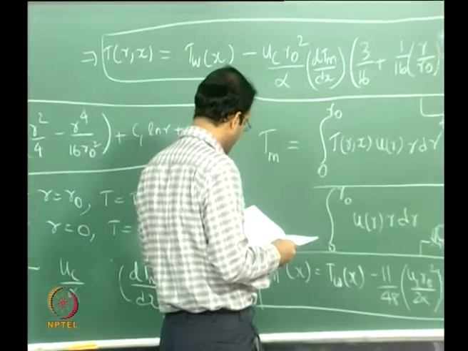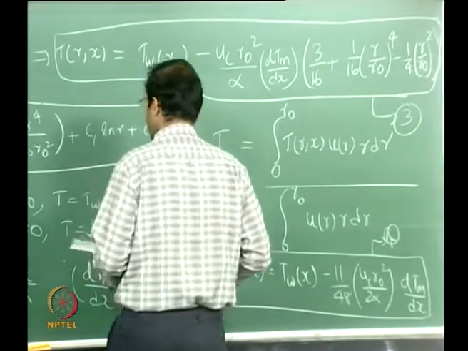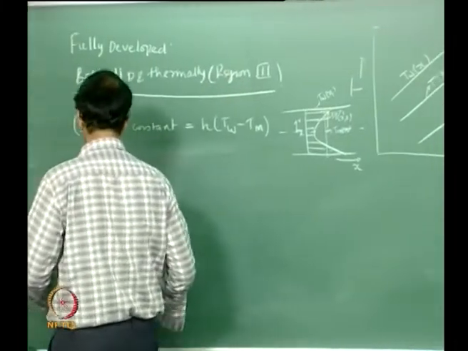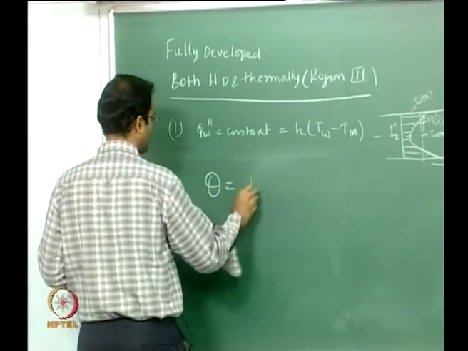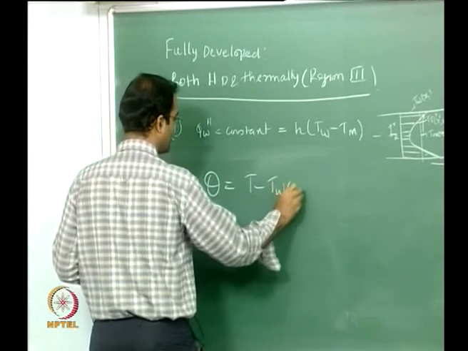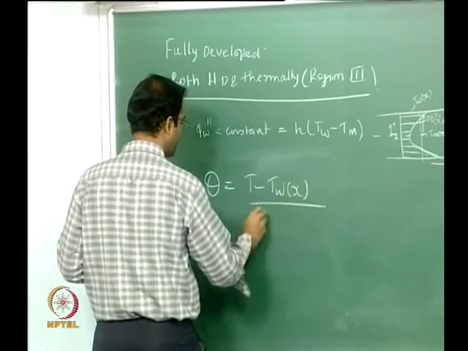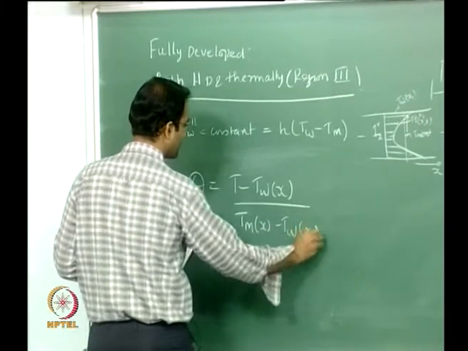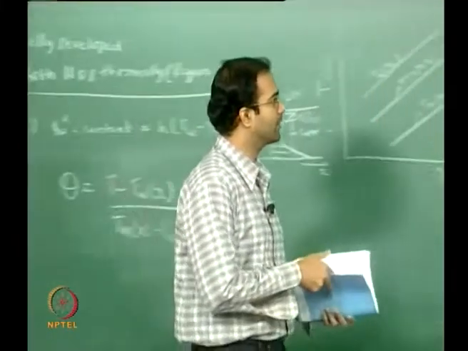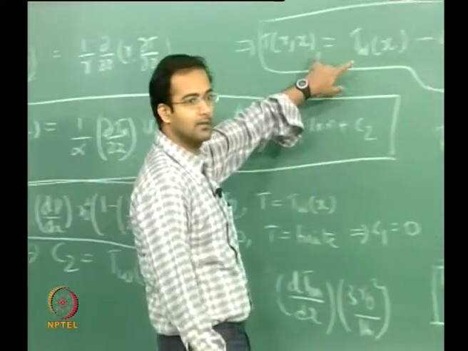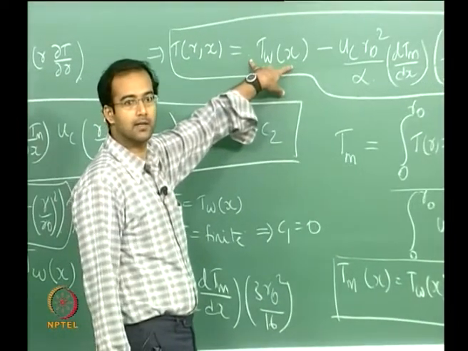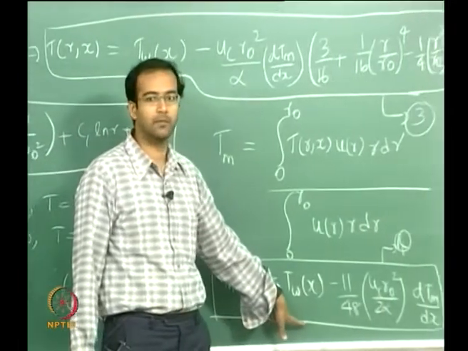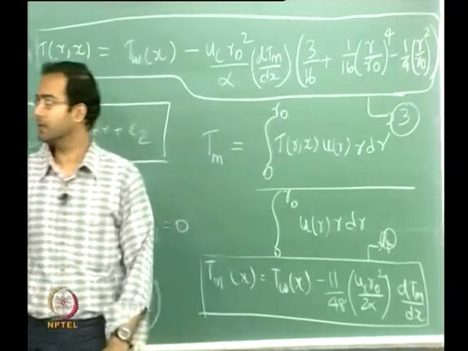Alright, so once you got your Tm, now we can calculate the non-dimensional temperature. So your non-dimensional temperature is defined as T minus Twall of x by Tm of x minus Twall of x. Now you have an expression for T minus Twall from the temperature profile, and also an expression for Tm minus Twall here.